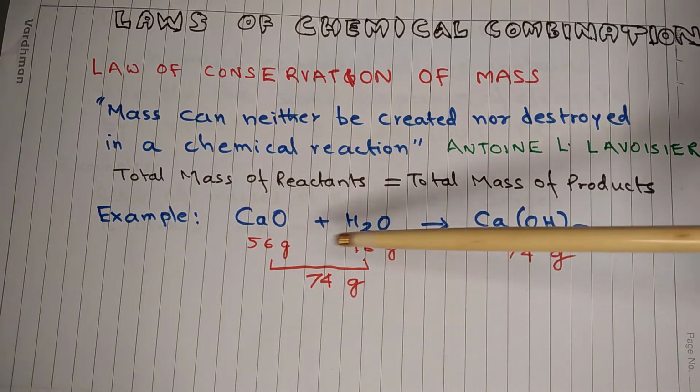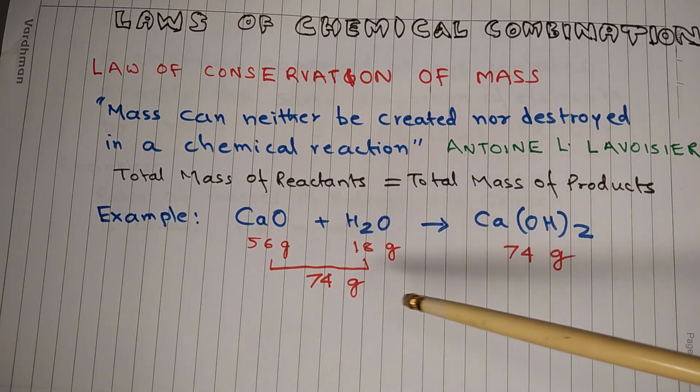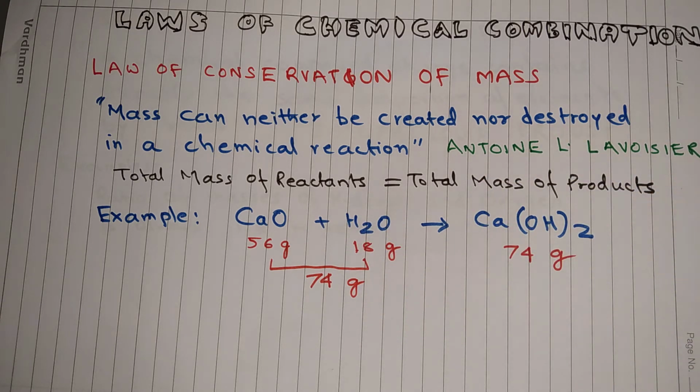So the total is 56 plus 18, which is equal to 74 gram. And the mass of calcium hydroxide, that is the product, is 74 gram. So the mass on the left hand side and that on the right hand side are equal. So this equation obeys the law of conservation of mass.